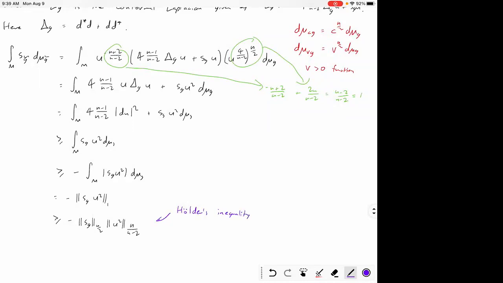So I have p equal to n over 2, and then q equal to n over n minus 2. Note that 1 over p plus 1 over q is equal to 2 over n plus (n minus 2) over n, which equals 1. So that's why those values work for Hölder's inequality.